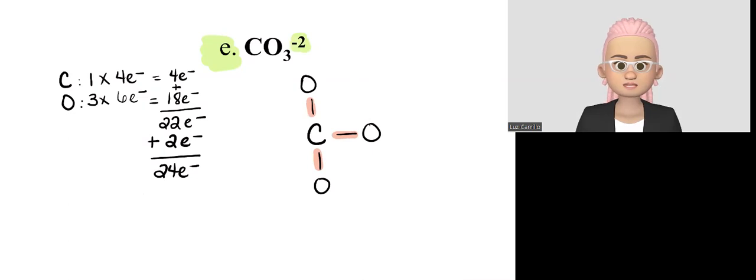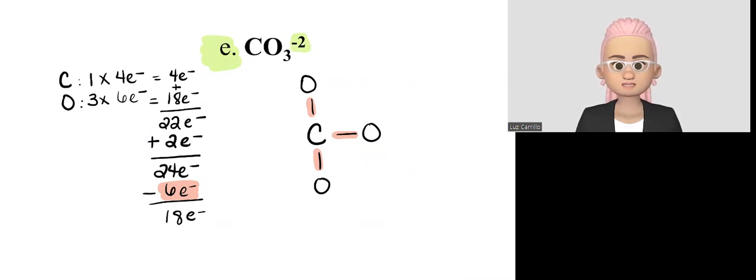So if we subtract that from the total count of electrons, then we have 18 electrons left. So specifically, we have 18 electrons left for bonding in this molecule.